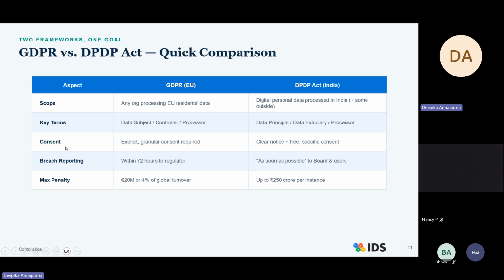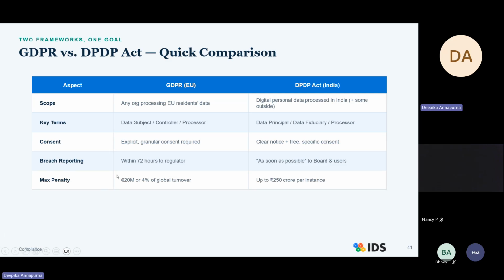What consent are they giving? Under GDPR, the consent should be explicit and granular consent is required. Under DPDP, we should give a clear notice and it should be free, and specific consent can be given by the individual. Breach reporting: if any breach happens, how much time do we have to report it?